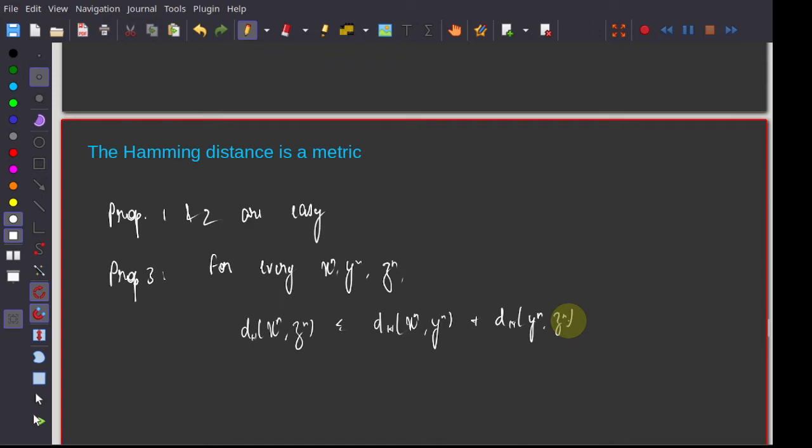From xn to something. From there, either we can get to be yn only, or at least make one more change.